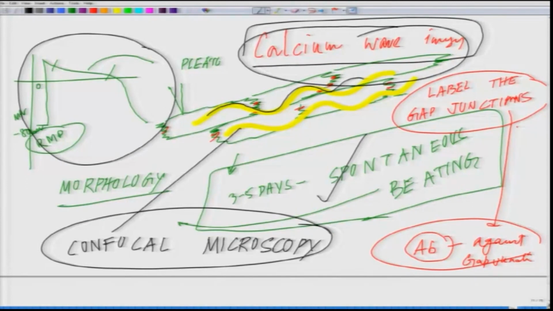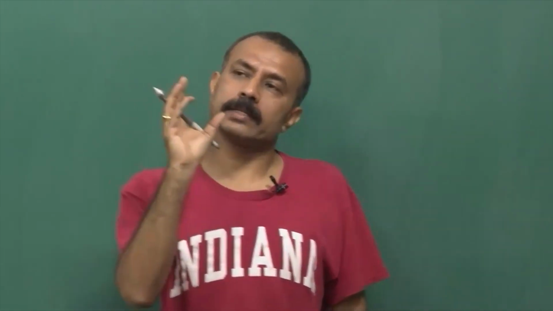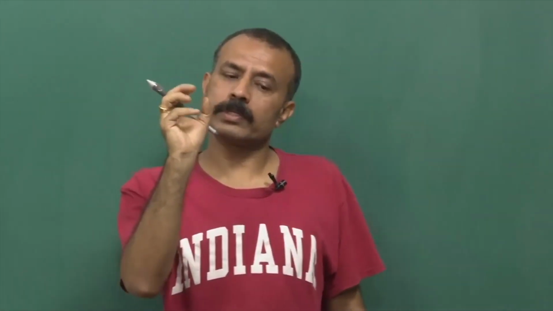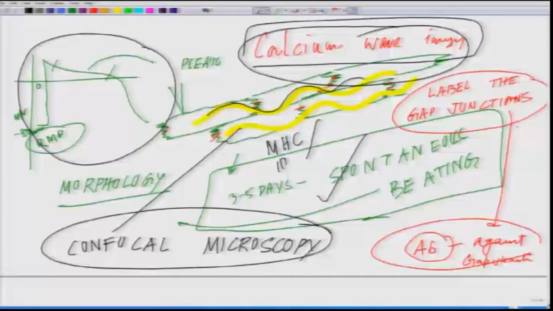Once you do this, then you have to have the myosin heavy chain. Cardiac has a very different kind of myosin heavy chain, unlike the skeletal muscle, because these cells continuously contract. So, myosin heavy chain identification.